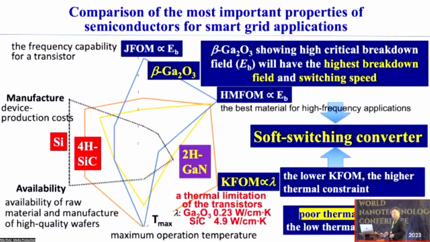And I'd like to discuss the comparison of the most important properties of semiconductors for smart grid applications. The important properties include frequency capability, manufacture availability, and maximum operation temperature, and the best material for high frequency applications and some limitations of the transistors.